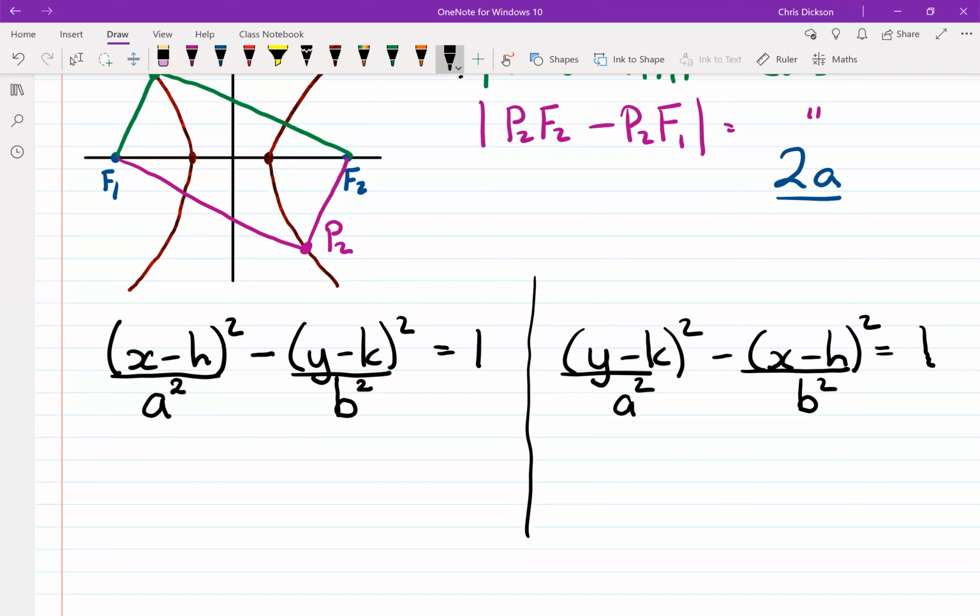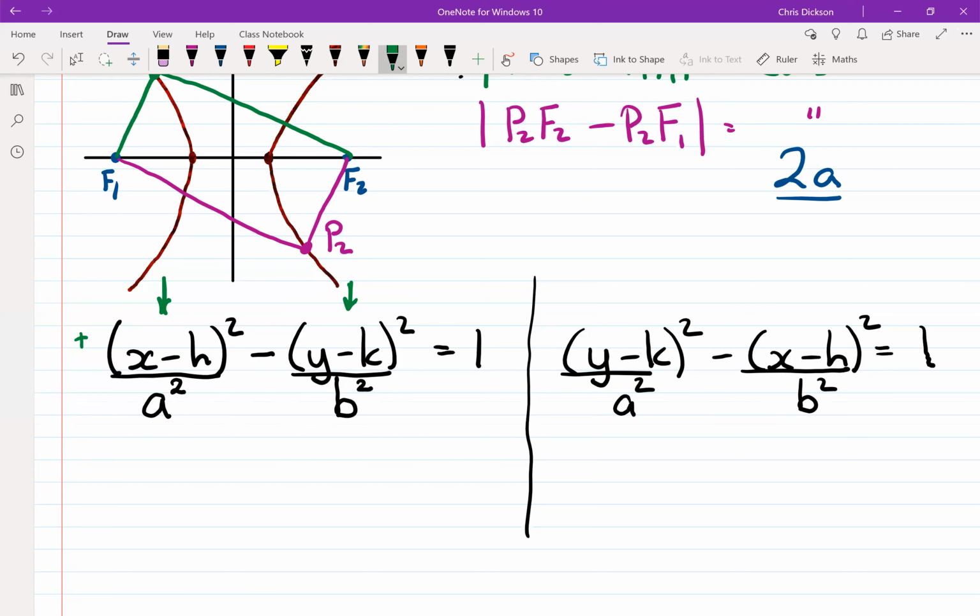Whichever term is positive, in our equation here, this term is assumed to have a plus sign, so the number under that is going to be the a value squared. And the y term is the negative one, so the b squared goes underneath that one. That's a distinction we want to make sure we understand between the two of them.